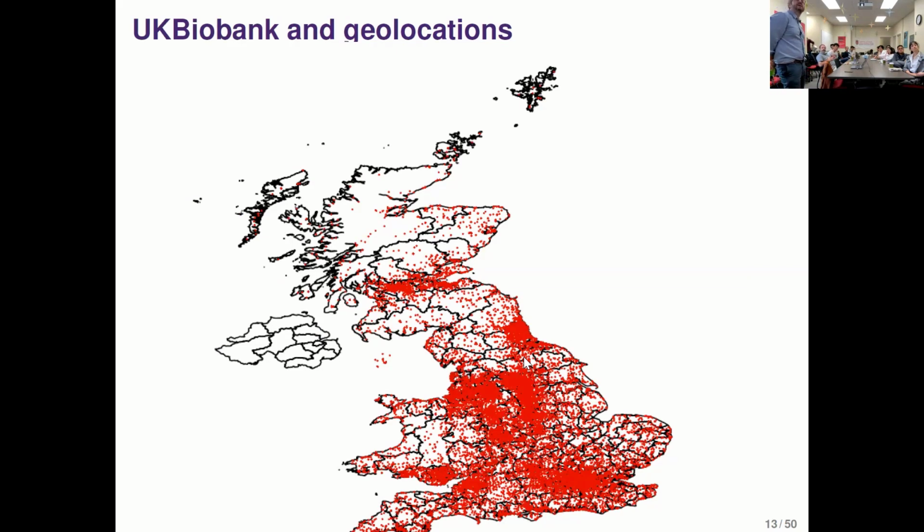UK Biobank is an amazing data resource for biomedical information. It has many medical tests. It is linked with the HES, the hospital electronic health records. It has imaging, brain imaging, and all sorts of stuff.